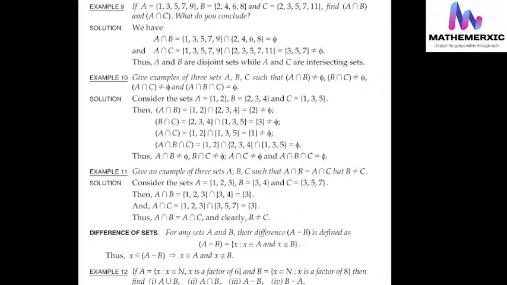Firstly, we need to take A intersection B is not equal to phi, B intersection C is not equal to phi, and A intersection C is not equal to phi, and A intersection B intersection C is equal to phi. That we would take.